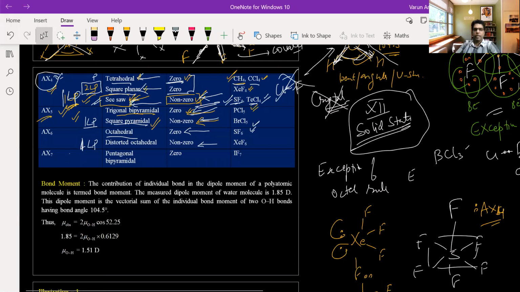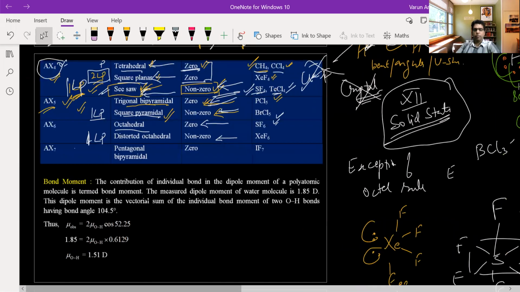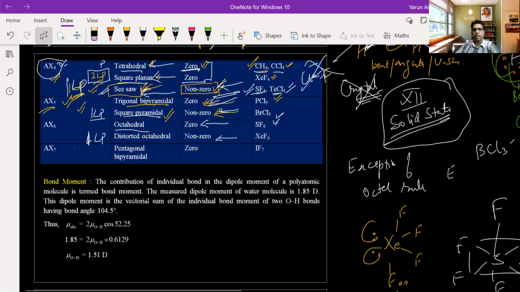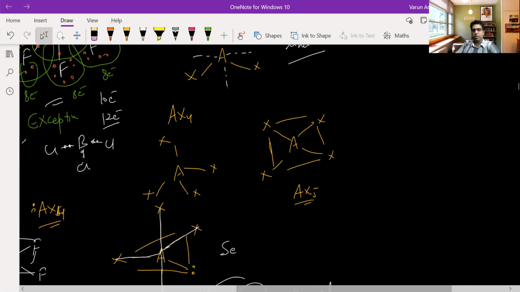So an AX6 type of molecule will be octahedral in shape, SF6, and if the dipole moment is non-zero, it will be distorted octahedral. Example is XeF6. So in XeF6, there will be one lone pair.